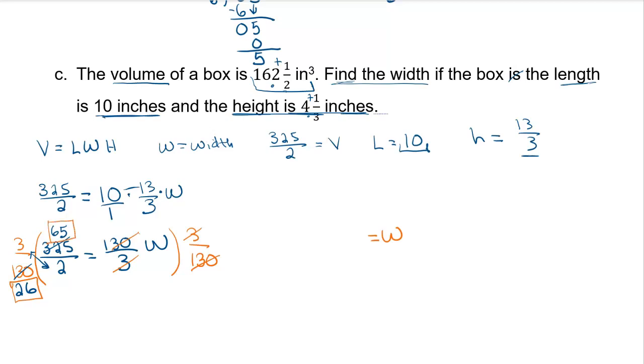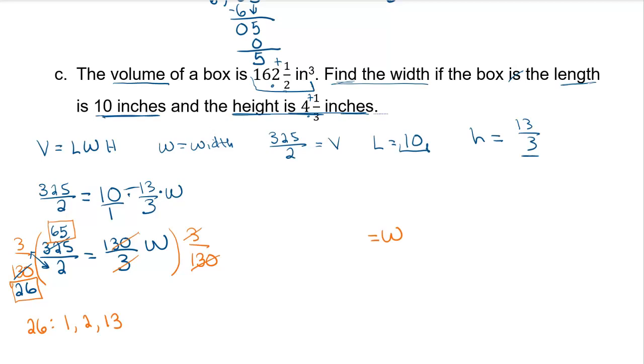And I'm pretty comfortable with the factors of 26. So the factors of 26 are 1, 2, and 13. Well, I'm not so sure about 65. But if any one of those, the 1, 2, or 13, goes into 65, it means it can be reduced further. I know that 1 goes in.